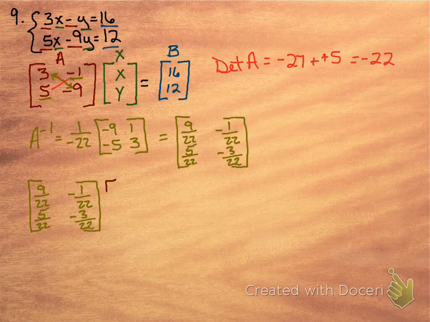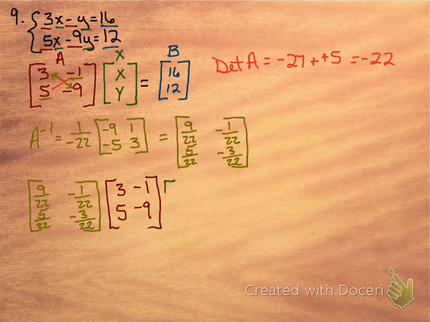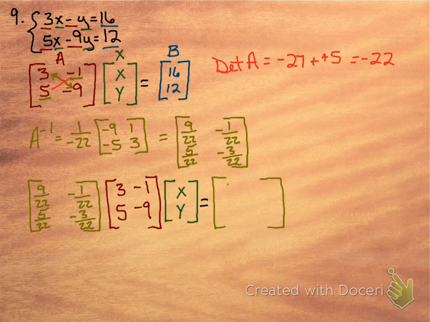Now I'm going to take the inverse matrix and multiply it by the matrix A. We have our variables x and y. And then I'm going to take the inverse and multiply it by B. Don't forget, if this is going too fast and you need to pause it, pause it.